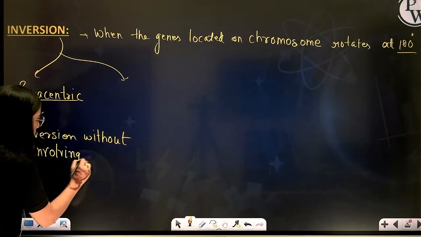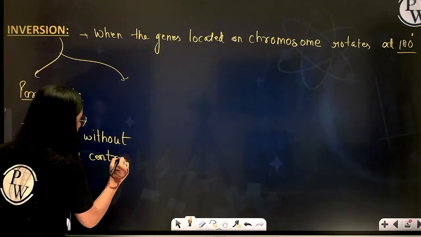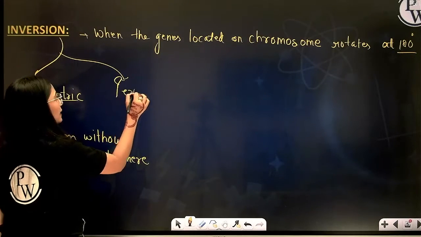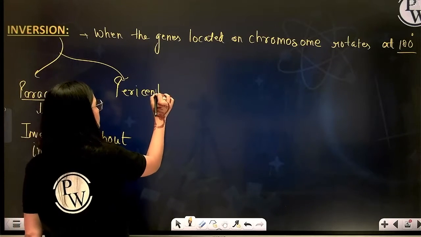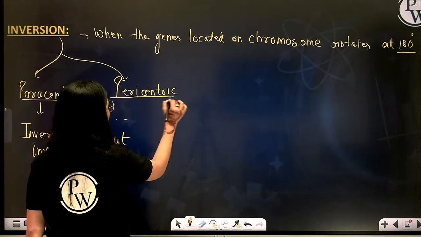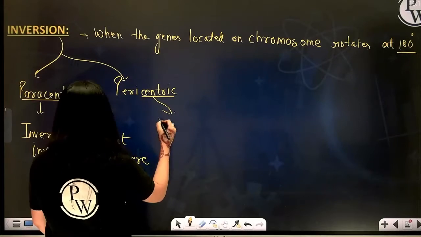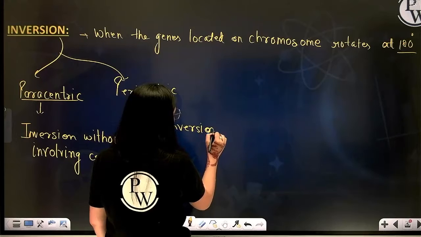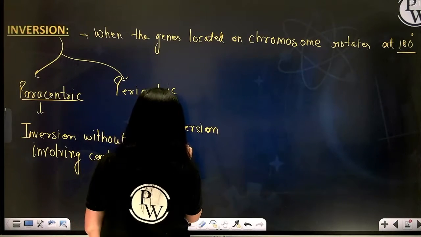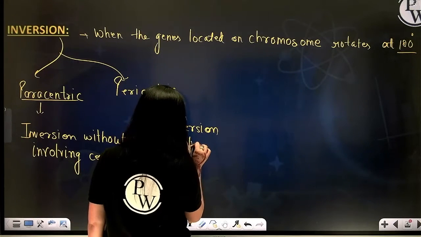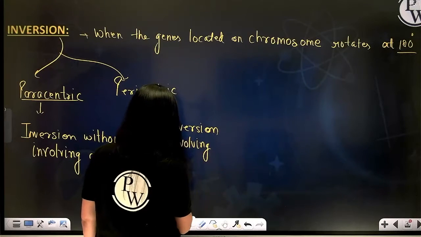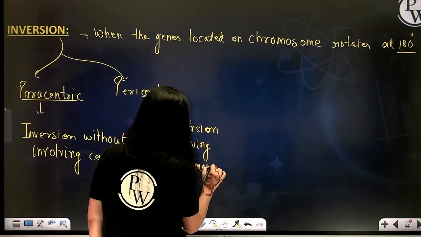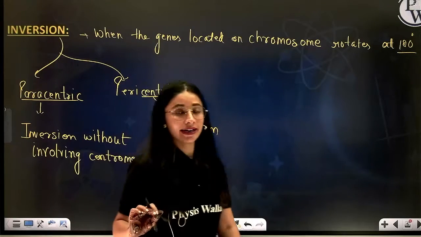Whereas pericentric is the type of inversion which is involving centromere. I'll show both with the help of a diagram. So now let me show you.